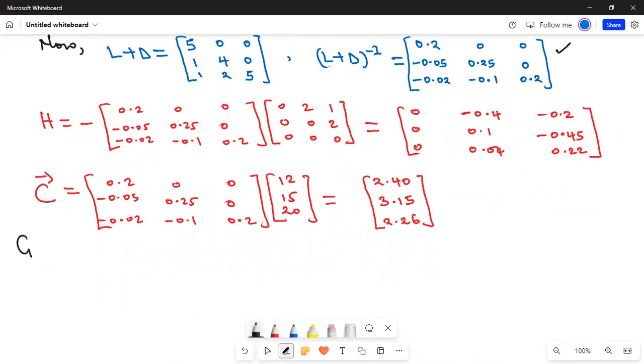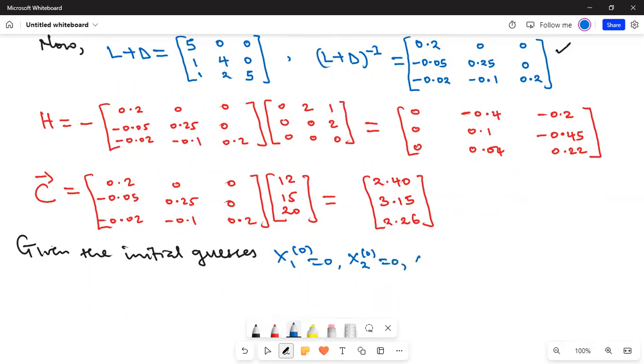We are given that x1 at level 0 is 0, x2 at level 0 is 0, x3 at level 0 is 0.